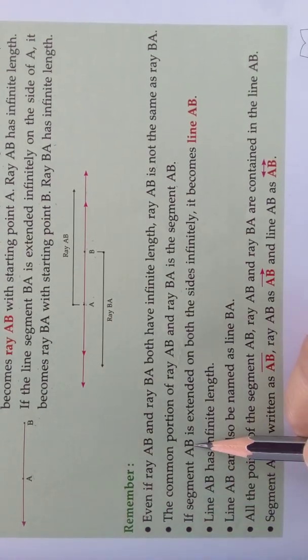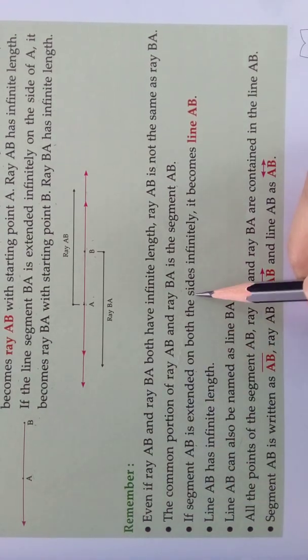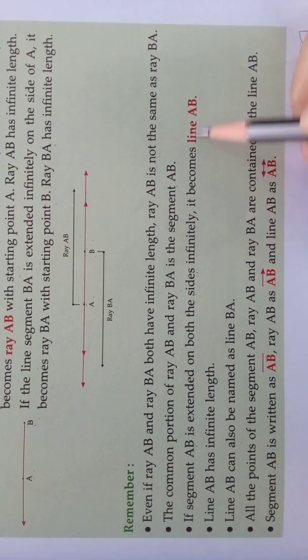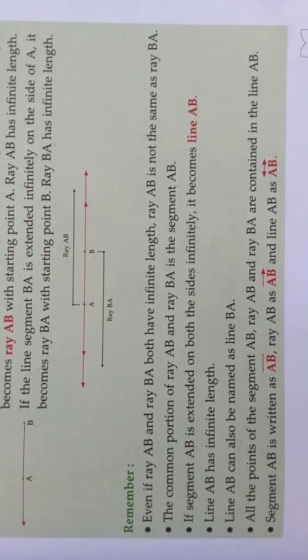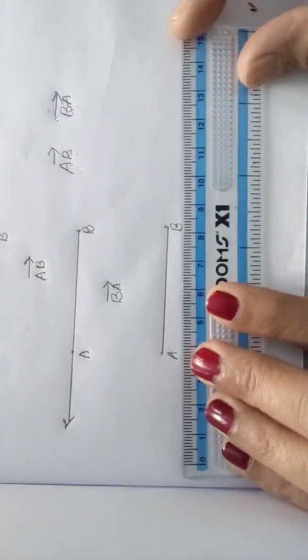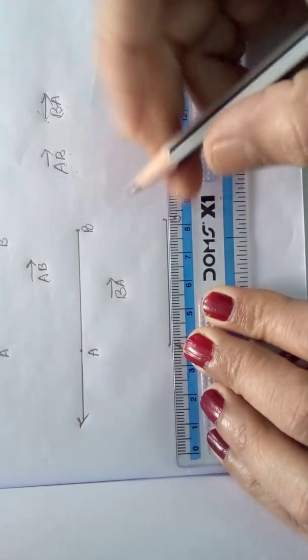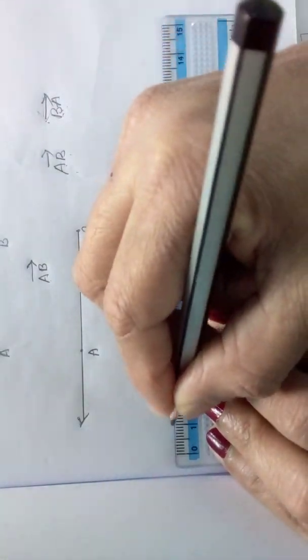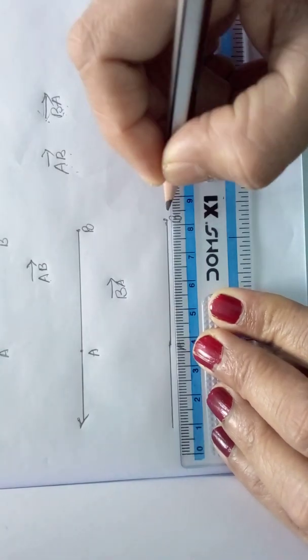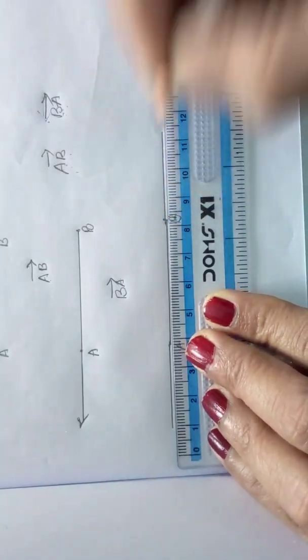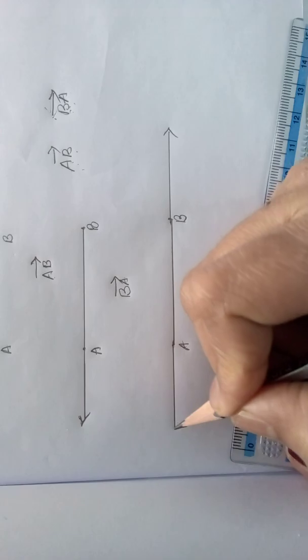If segment AB is extended on both the sides infinitely, it becomes line AB. Understood, children? I'll show you. See, this is a line segment. If it extends on both the sides, on the A side as well as the B side, infinitely, then it will become line AB.